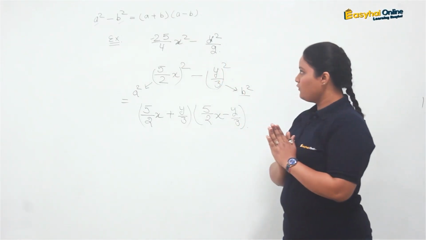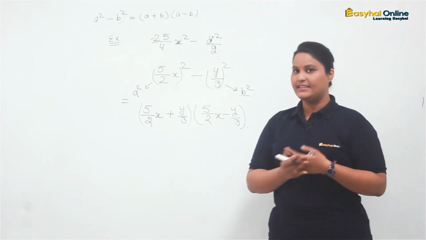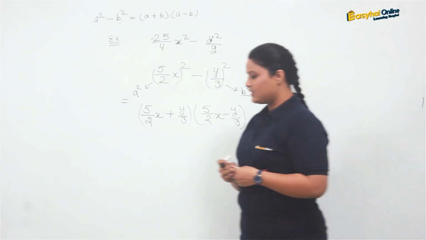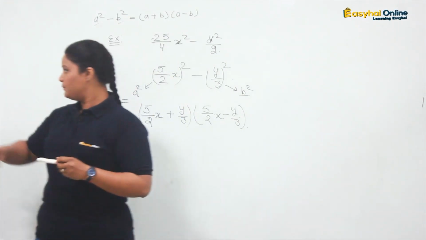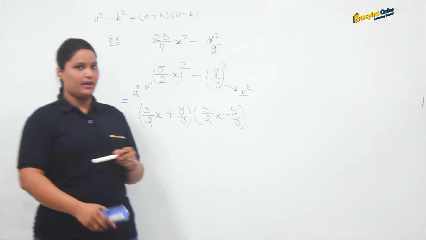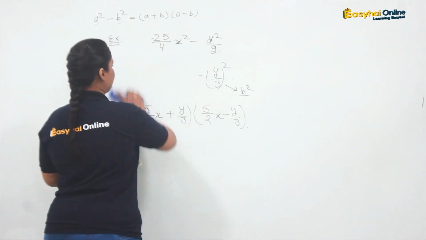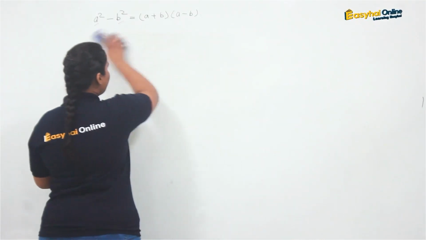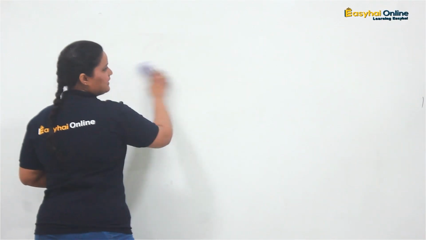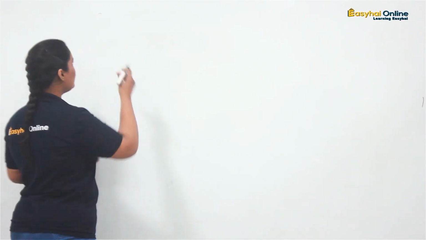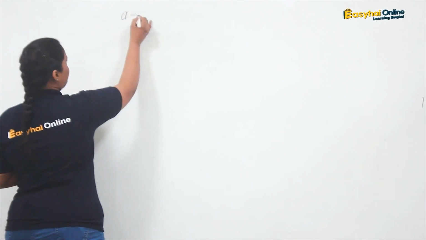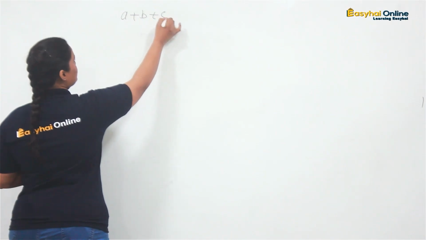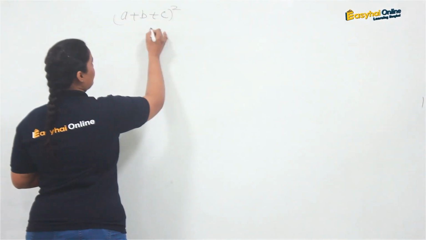Okay, now we will discuss the third identity, which is (a plus b plus c) whole square. It means there are 3 terms. Till now we have discussed identities having only 2 terms. Now this identity has 3 terms, (a plus b plus c) whole square.